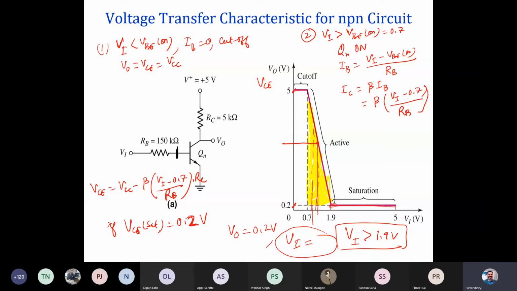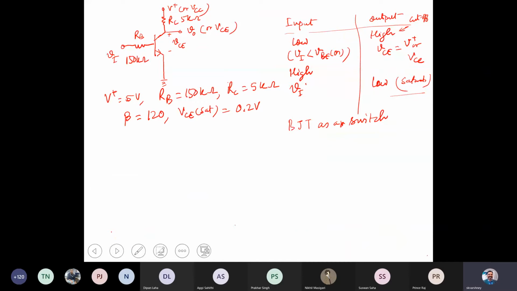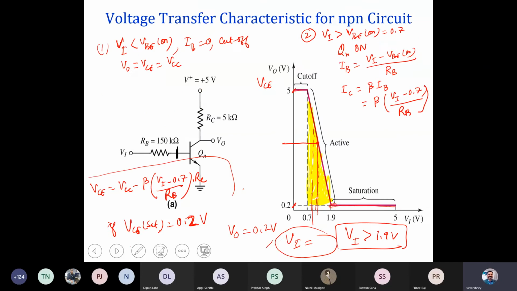So if we make use of this, we can write V naught, or VCE, equals V plus, that's VCC, minus IC into RC, so beta times IB, and IB is VI minus 0.7 divided by RB, into RC, right?